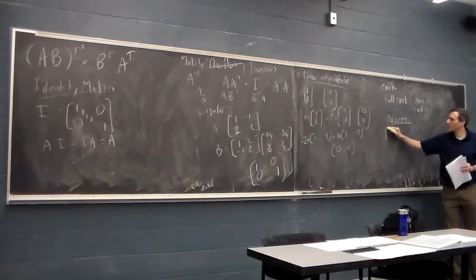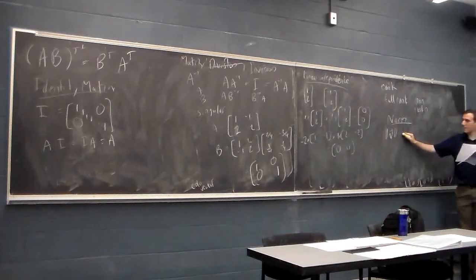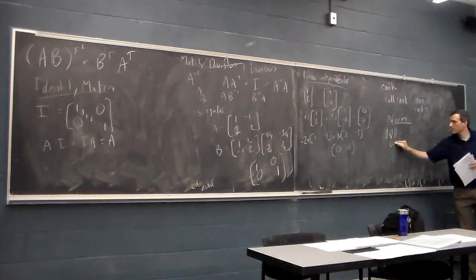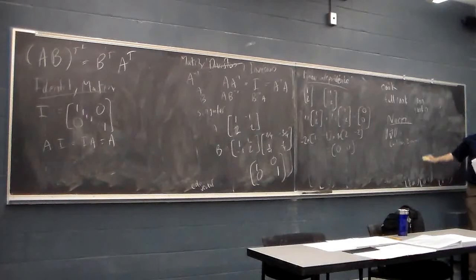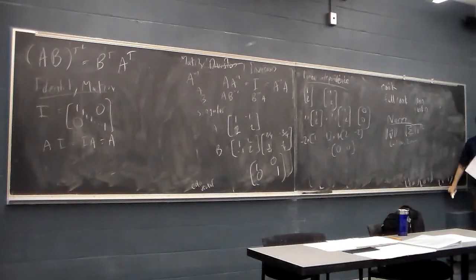The notation I used previously was this double bar around v. And this is known as the Euclidean or 2 norm. It's defined as the square root of the sum from i equals 1 to n of v_i squared. So the sum of the squares of the elements.